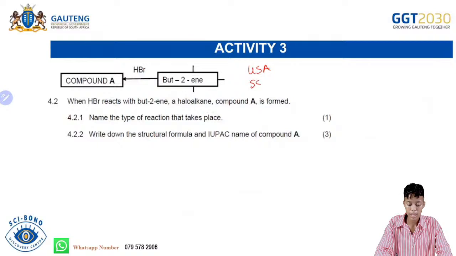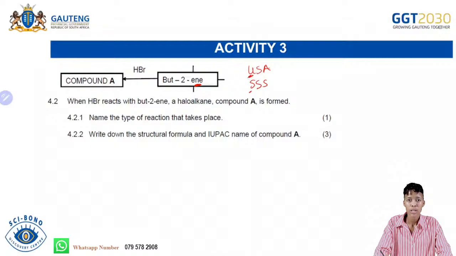You have USA, and then you have triple S. So when you have your USA there, it means that you now need to check, are you moving from an unsaturated compound or from a saturated compound? So if you are moving from but2-ene, what is the homologous series? It is an alkene. So because it is an alkene, we now know that but2-ene will therefore be having what?